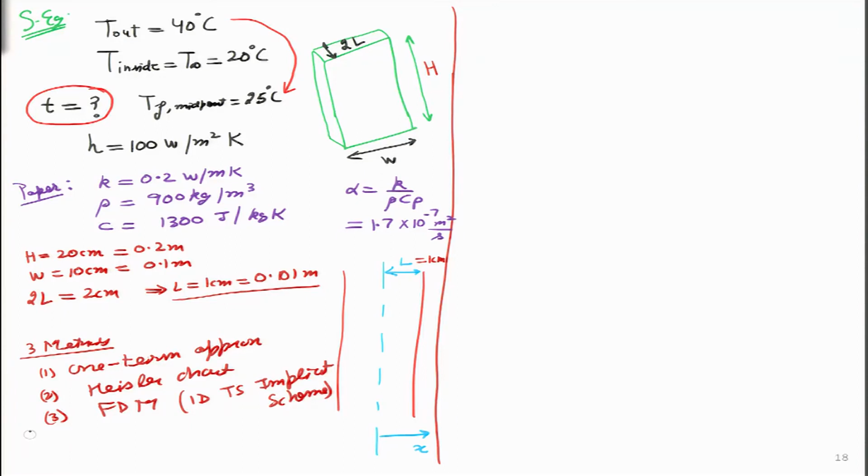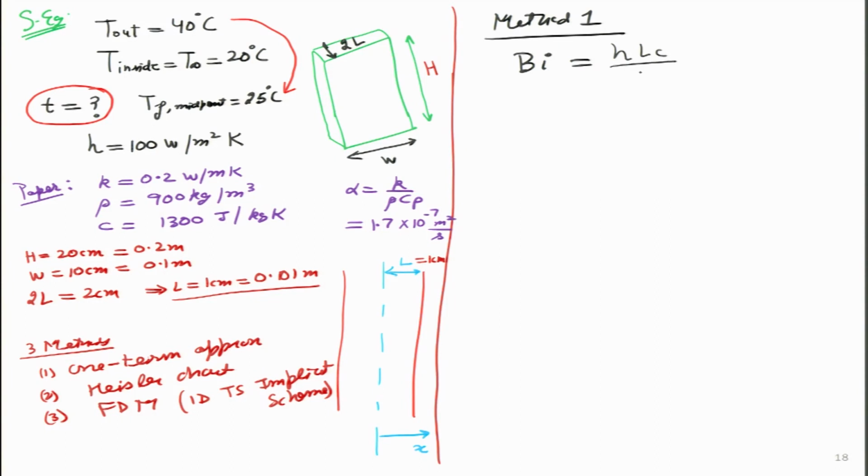So, let us just focus on method number 1, which is the one term approximation. The first step in that method is to calculate the Biot number for this particular problem. Because the thickness of this book is much smaller than its length and width, I am going to assume that the predominant direction of heat transfer is across the thickness of the book.